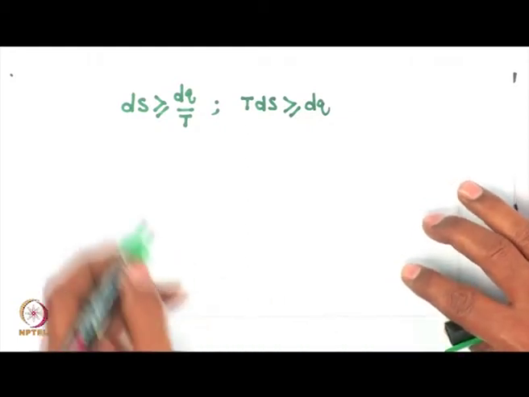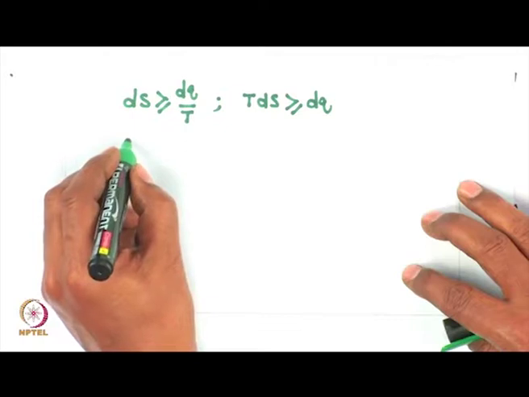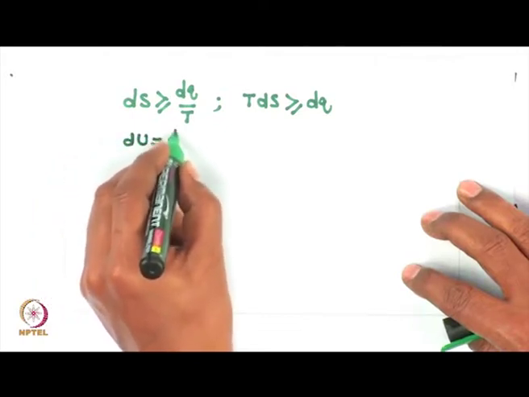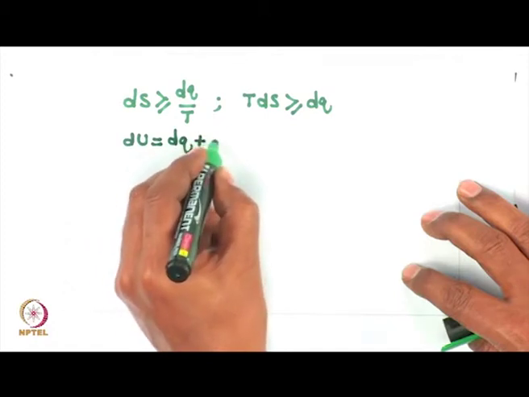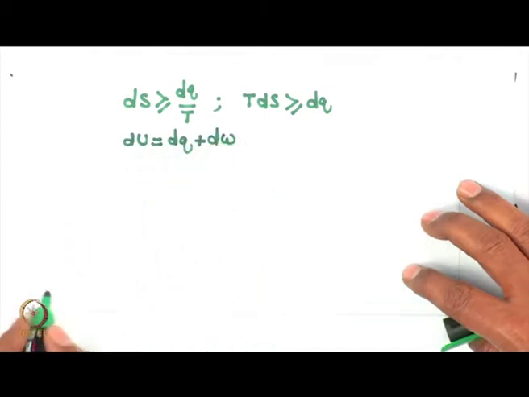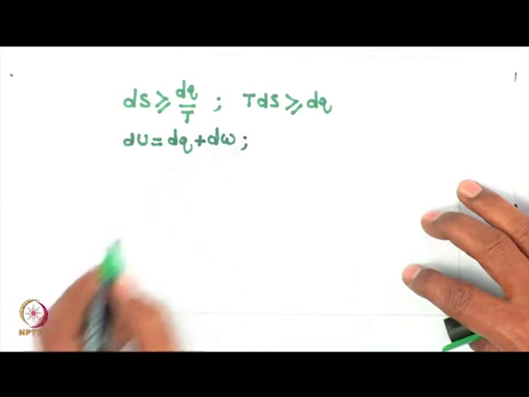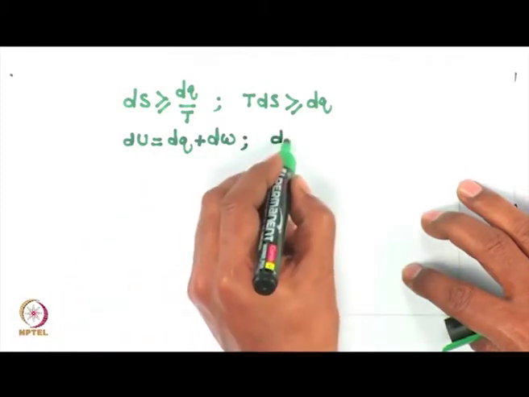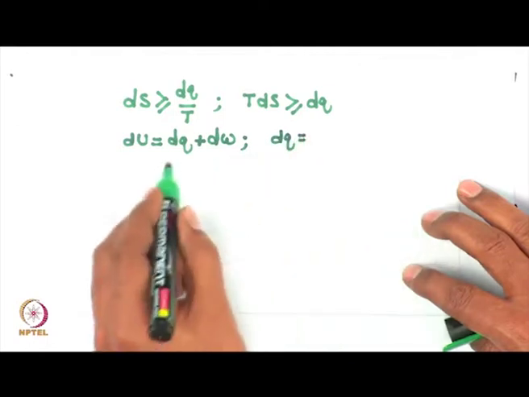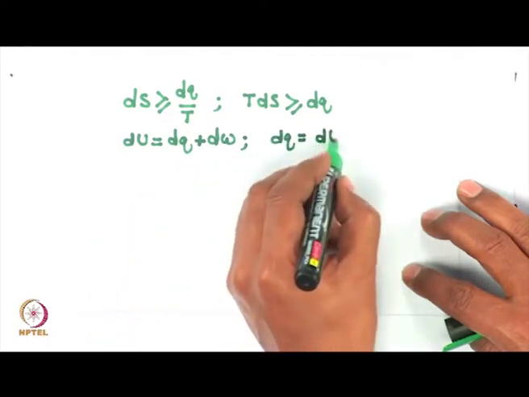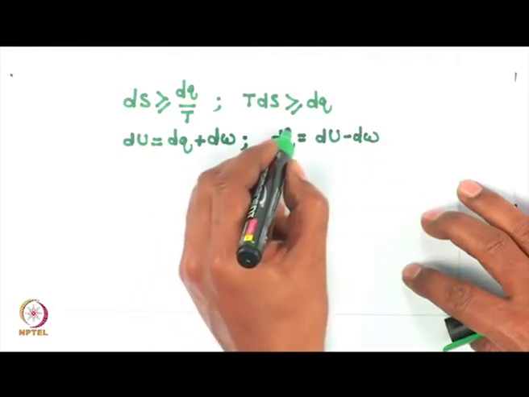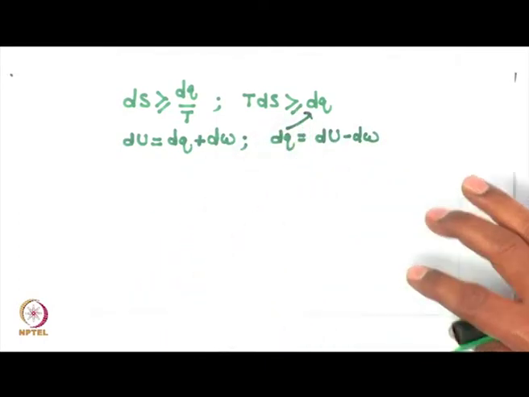From the first law, we know that dU is equal to dq plus dw. So, from this I can write dq is equal to dU minus dw. This dq I can substitute over here.